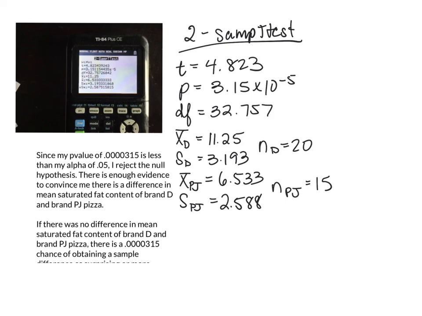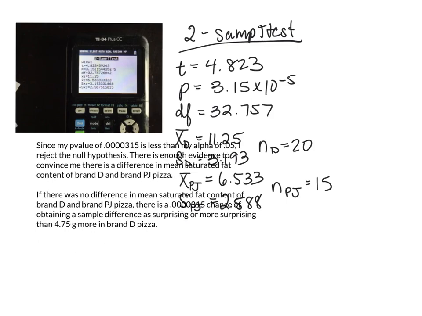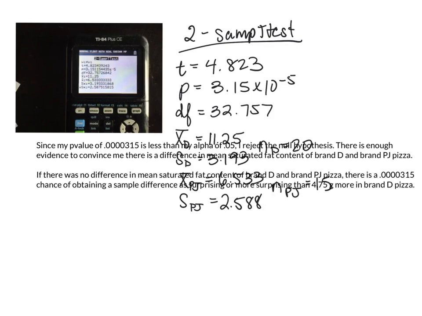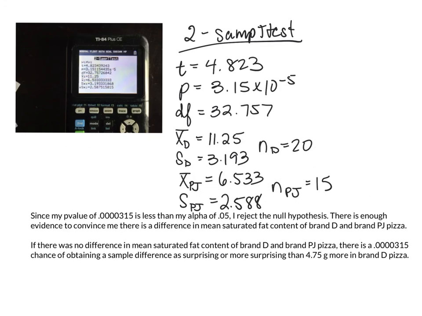It was positive, so brand D had more. And I'll just move this down, hopefully. There we go, so we can read it.